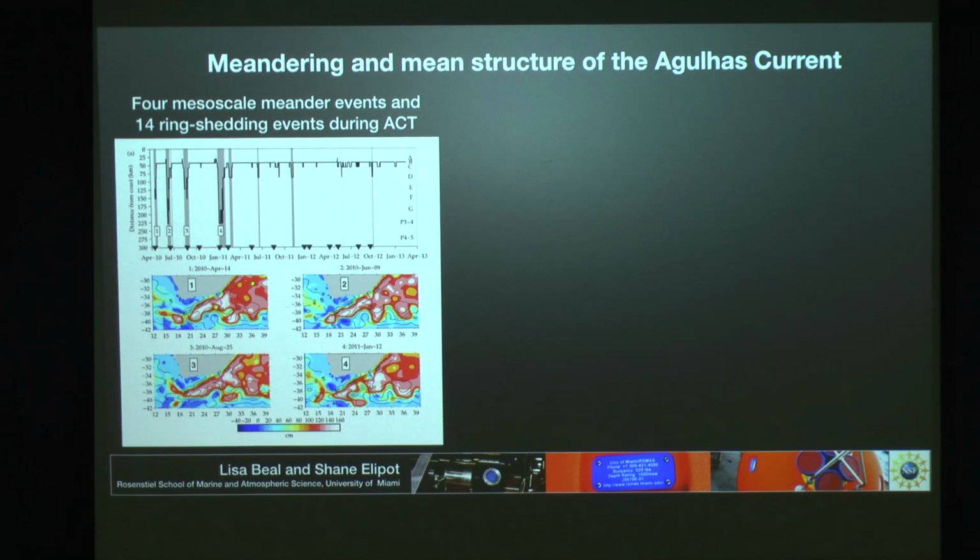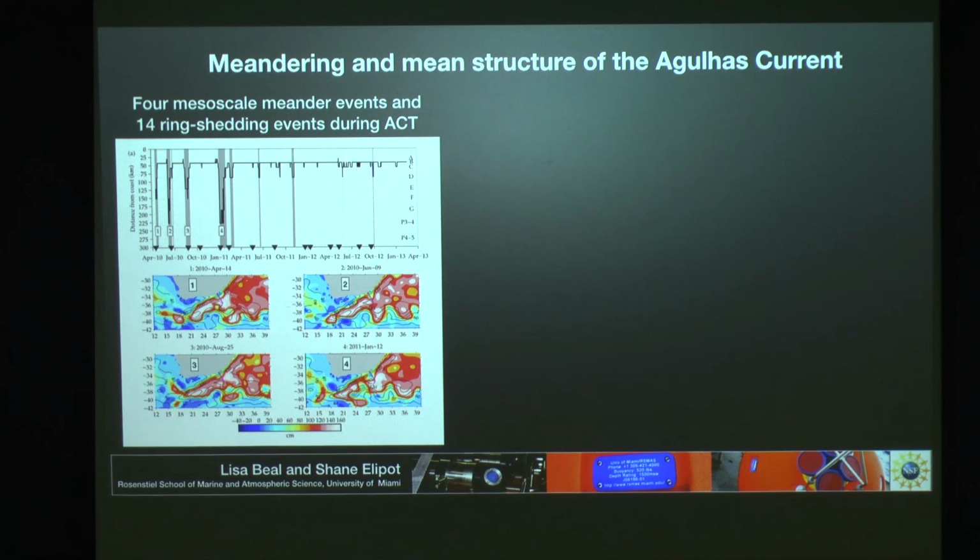And you can see these events in sea surface height. Here's 1, 2, 3, and 4. So these meanders come through as onshore cyclones, propagating downstream at around 15 kilometers per day, lasting at our site from 20 to 30 days.